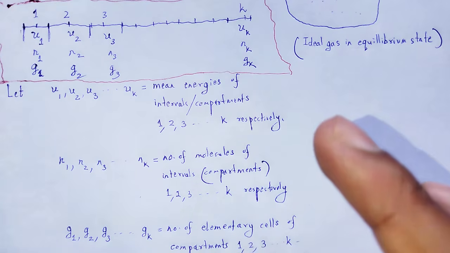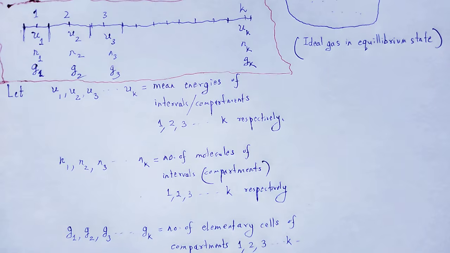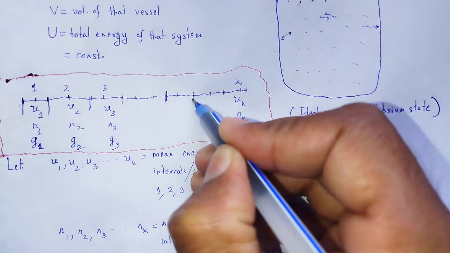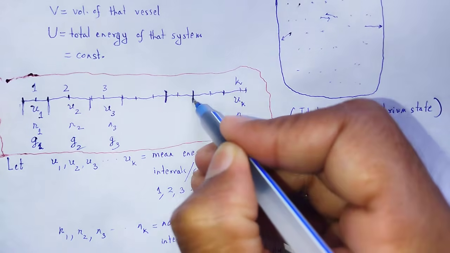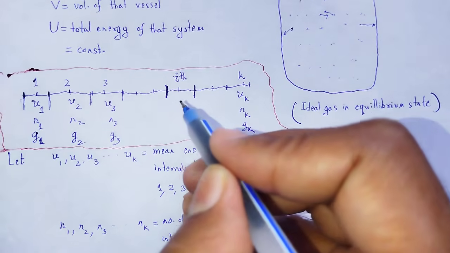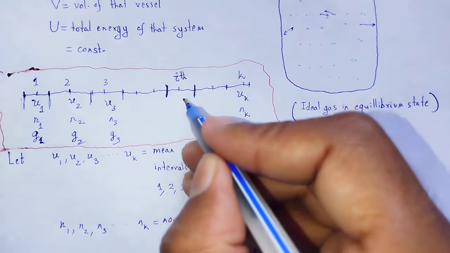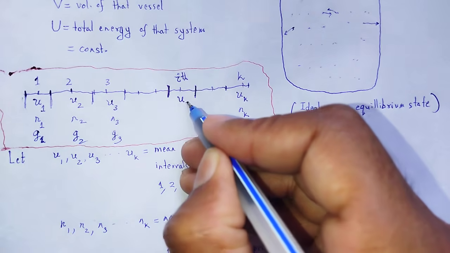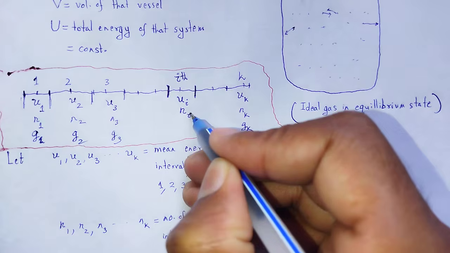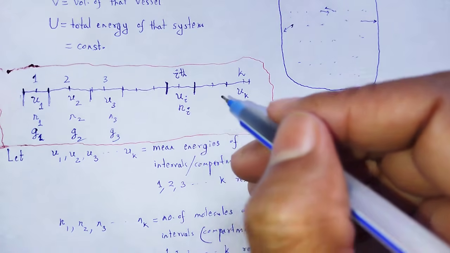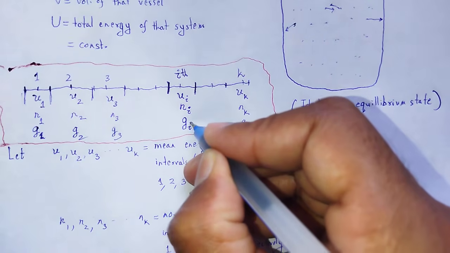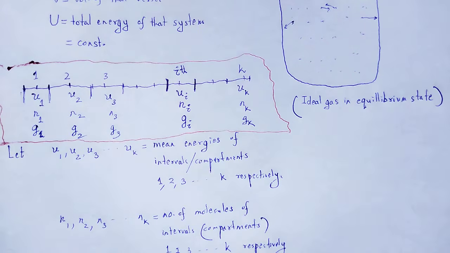For the mathematical analysis, let us pick the ith compartment. It has mean energy ui, number of particles ni, and is divided into gi elementary cells.